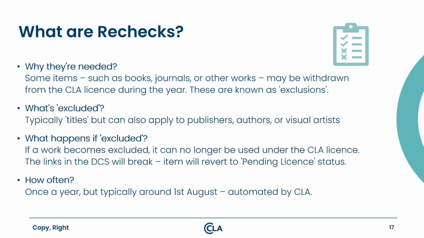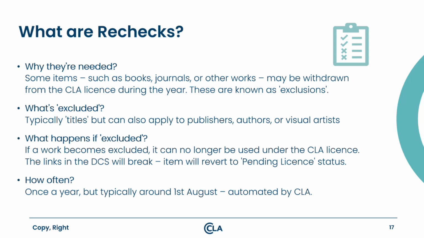So throughout the year, we're always enriching the metadata associated with the titles, and should any of those changes mean that it's no longer covered, then at recheck that exclusion would be reflected.